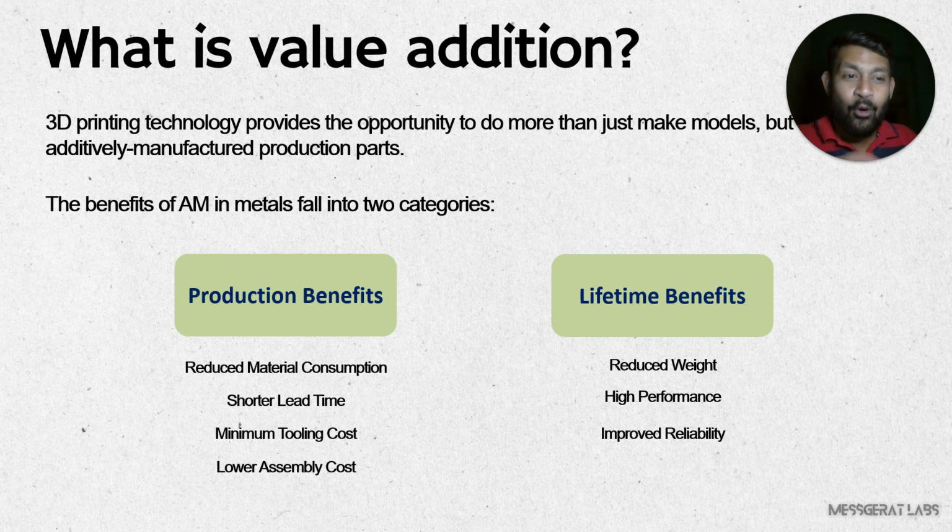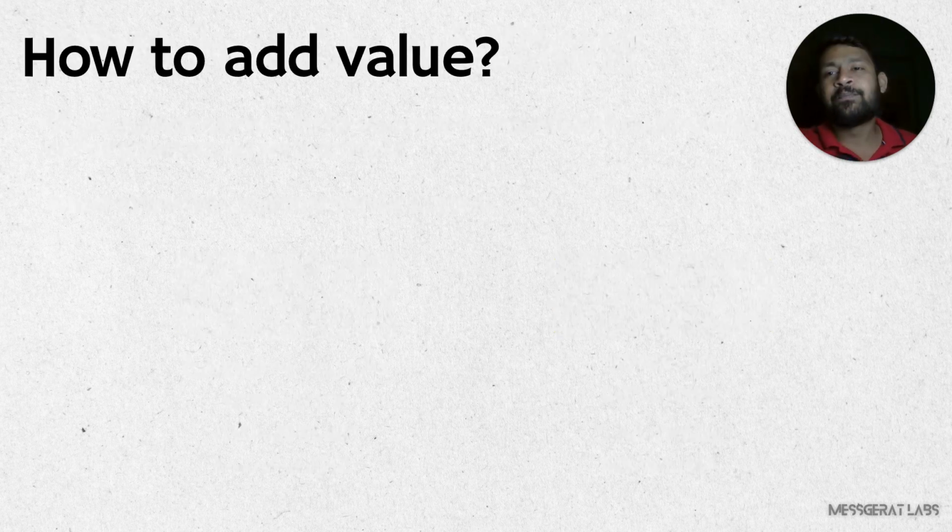So value, all you can see from this particular slide, that value is not only being added when the component is being manufactured. If we switch to additive manufacturing, there are certain values which can be added, and the advantage of those values will be derived whenever the component is being used. So value is not limited to production, it is also limited to the use of the component.